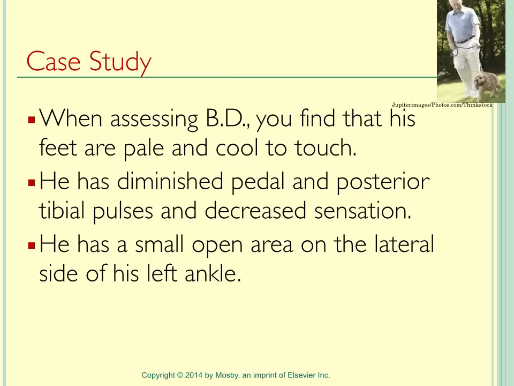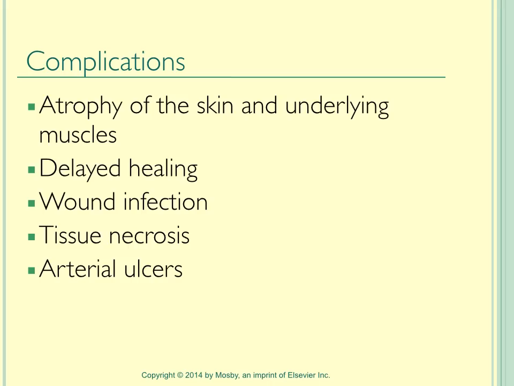So let's go to the next slide. Complications: there is atrophy of the skin and underlying muscles. Now when I'm saying complications, that means when somebody has developed peripheral arterial disease, what are the complications he can go through?